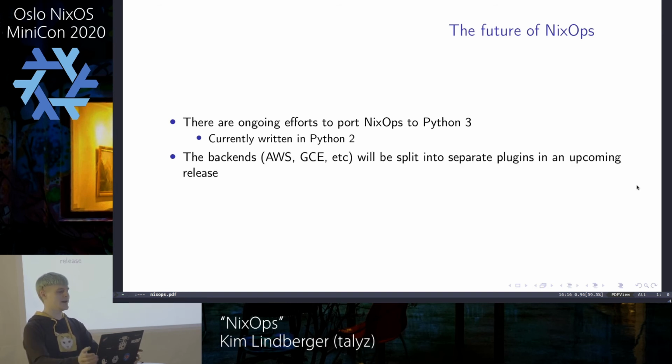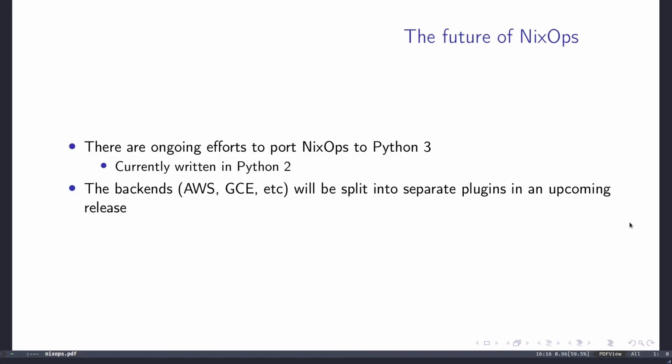Right. And also upcoming is that the backends, the AWS, GCE, and all that, the physical deployment backends, will be split into separate plugins in an upcoming release. So this is already done in master, but there's no released version yet where this is the case. So all the backends will in the future be placed in their separate repos.